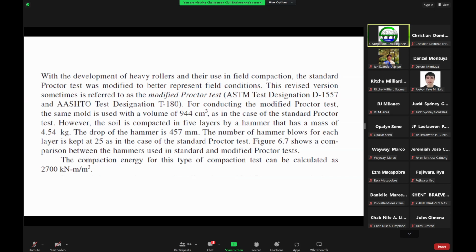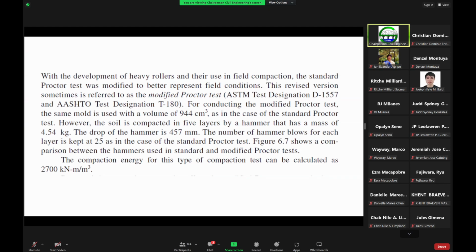The drop of the hammer is about 457 millimeters, compared to the standard Proctor test, which is about 305 millimeters. The number of hammer blows for each layer is kept at 25, as in the case of the standard Proctor test.